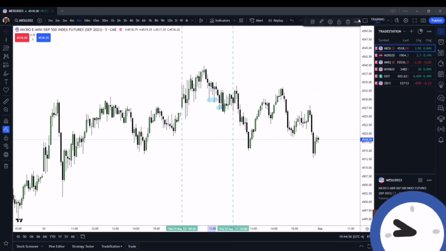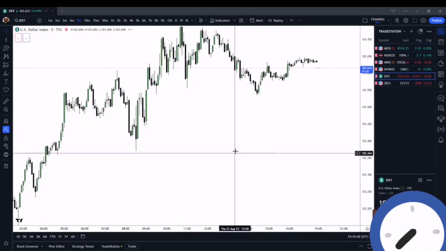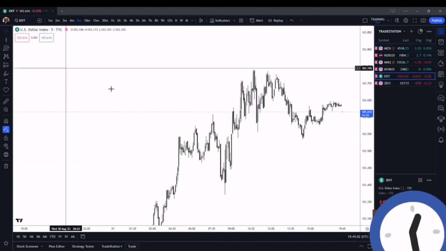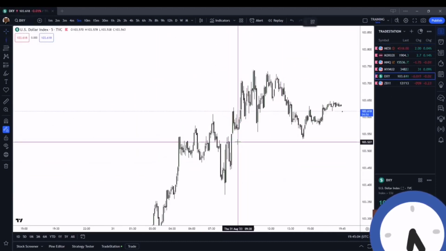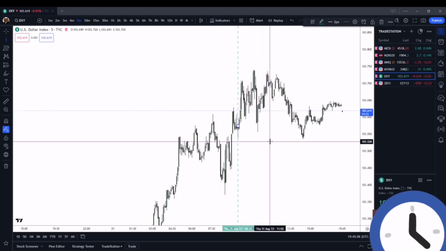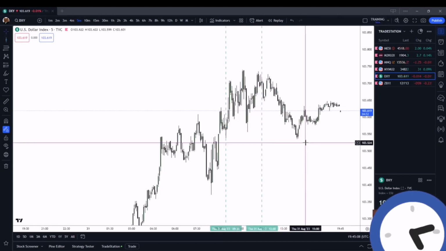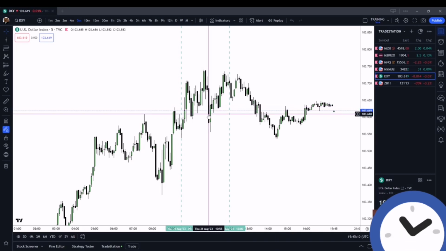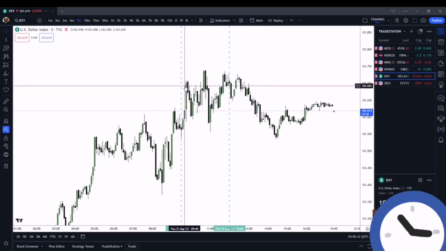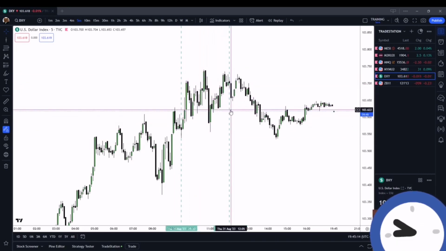And let's have a look at the dollar index at that same time. Looking at the dollar index from 09:30 to 1200, during the AM session, we basically had a choppiness on the dollar index.